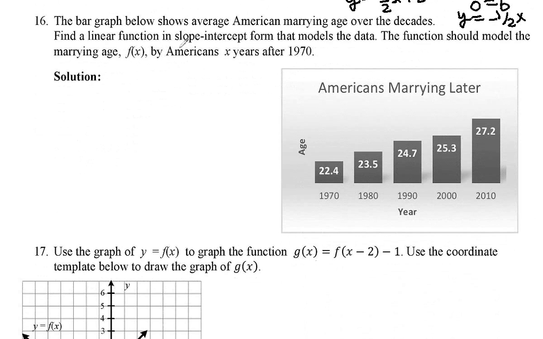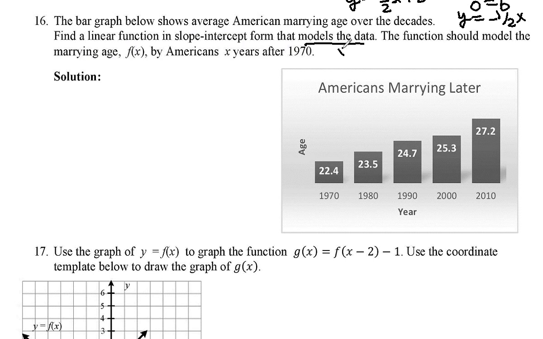And let's see, number 16 here, we're looking at this graph that describes the age at which Americans are getting married from 1970 to 2010, every 10 years. And we want to find a linear function in slope-intercept mx plus b form that models the data. The function should model the marrying age f of x by Americans x years after 1970.